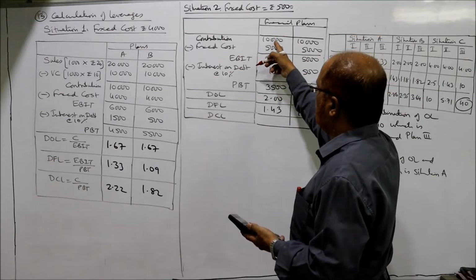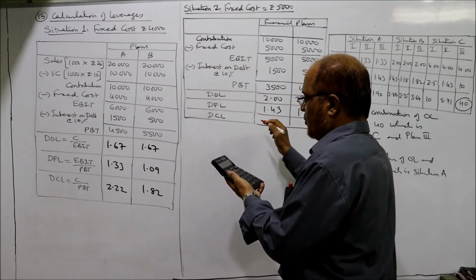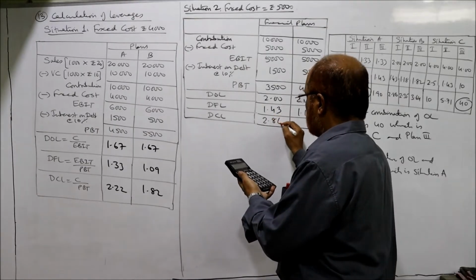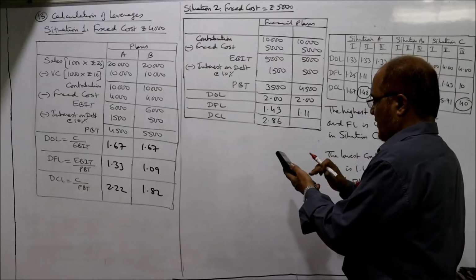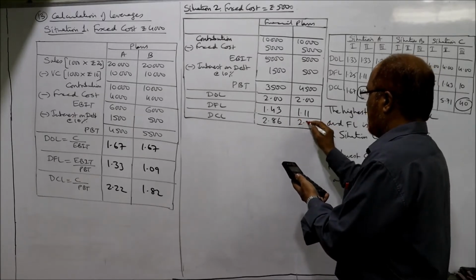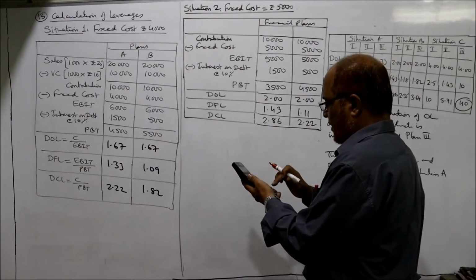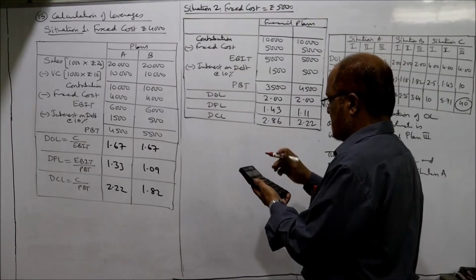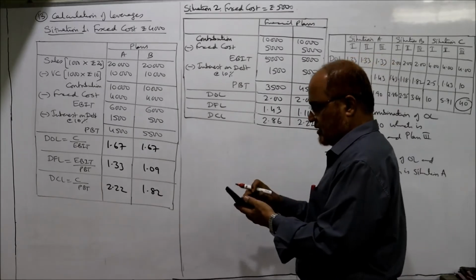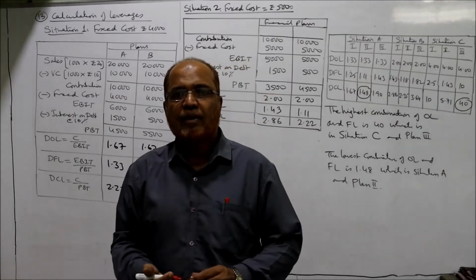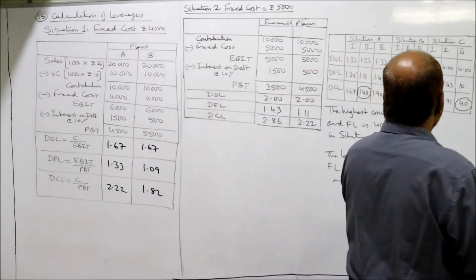C divided by PBT, 10,000 by 3,500, 2.86. Here 10,000 divided by 4,500, 2.22. Now confirm it. 2 into 1.43, 2.86, right? 2 into 1.11, 2.22, right? Our calculations are correct. Now we have to make the comparison of the highest value and the least value.